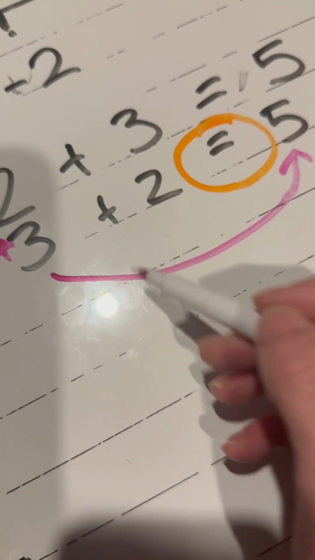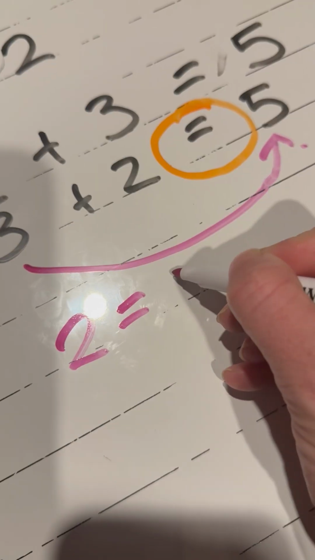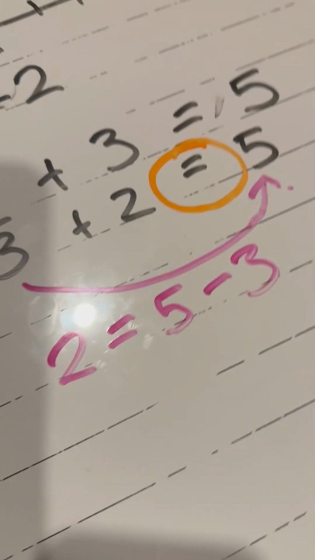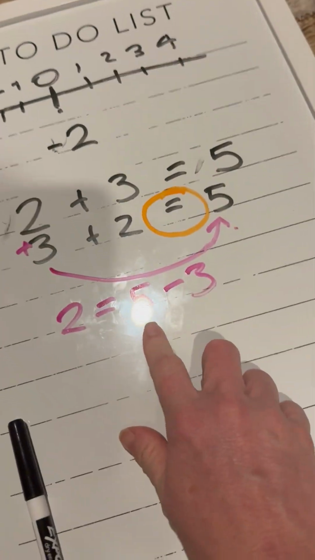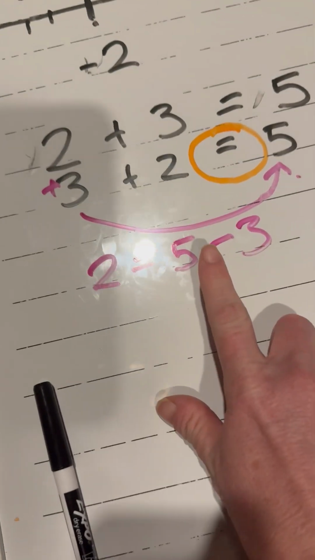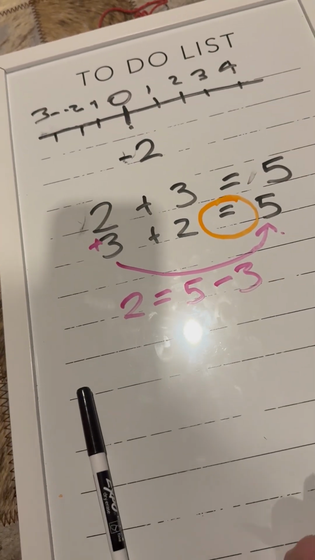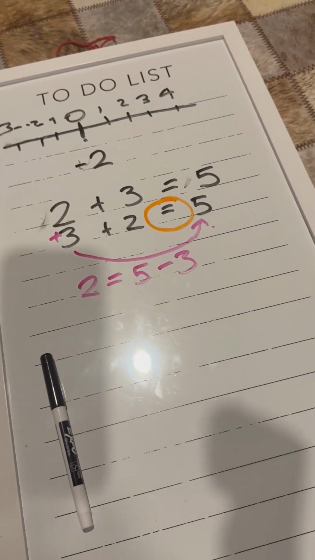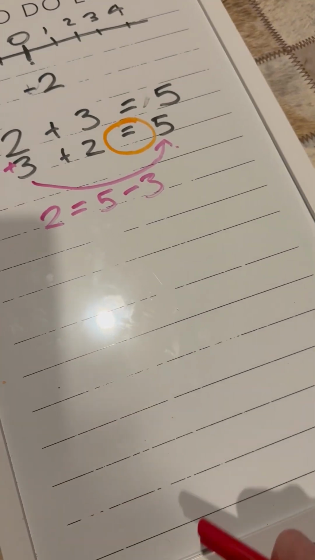So our new equation is 2 equals 5 minus 3. And you can check if you've done it right, because you just have to look at if both sides of the equation match. So 5 minus 3 is equal to 2. And while that seems a bit obvious, like I know you can just do it in your head without thinking about it, where this is important is where you come into algebra.